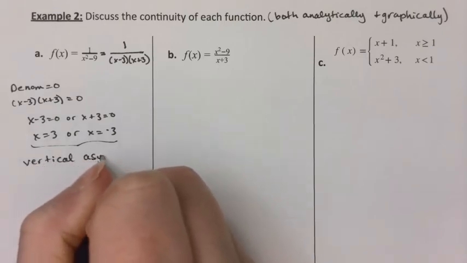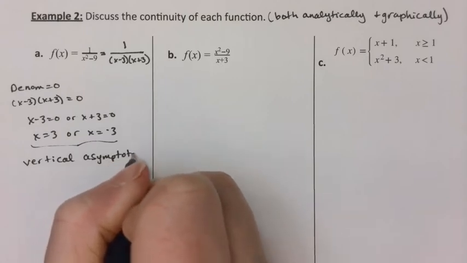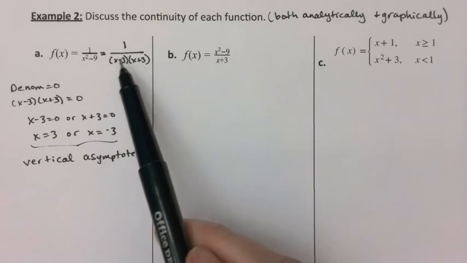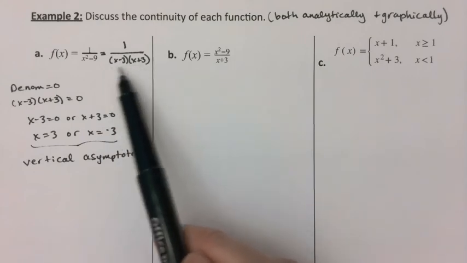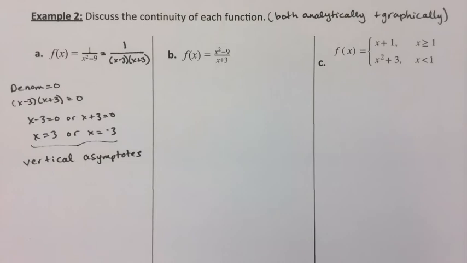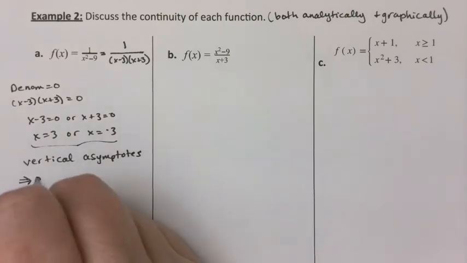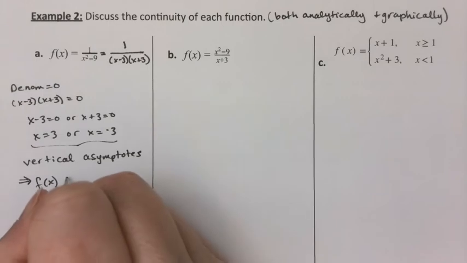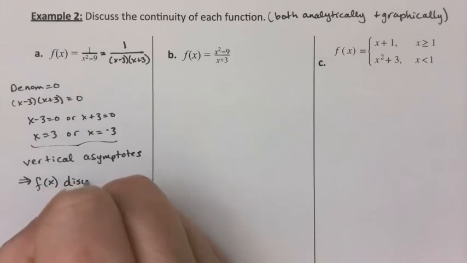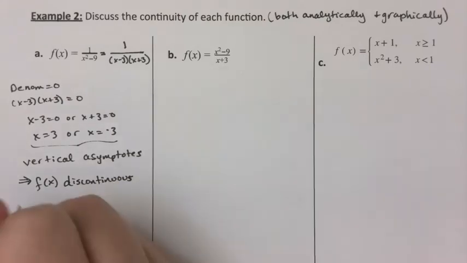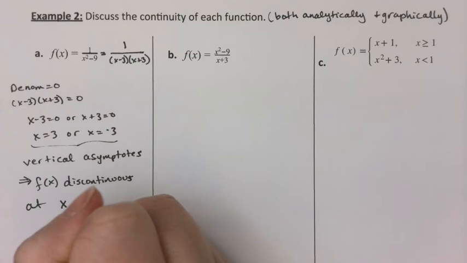We learned that in algebra, right? Values that do not divide away from a simplified rational expression and from the denominator are vertical asymptote values. All right, now think about what that means. Vertical asymptotes means that the function f of x is discontinuous at x equals plus or minus 3, right?